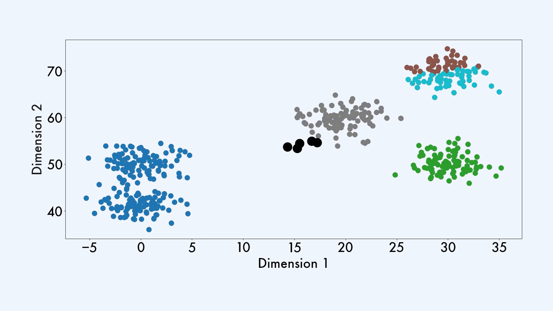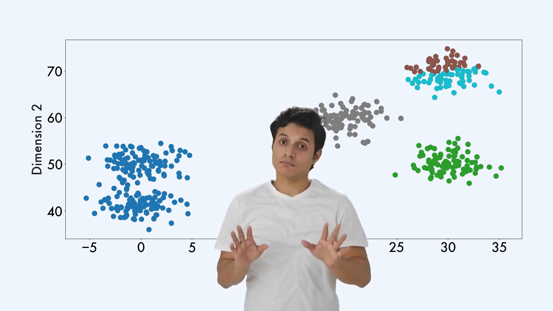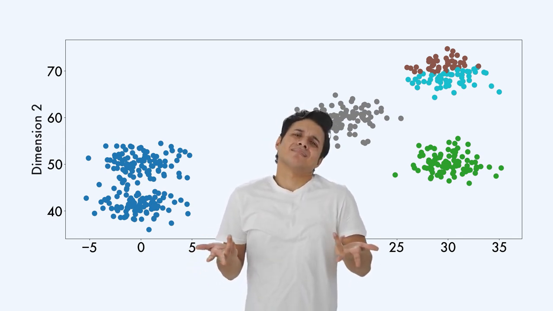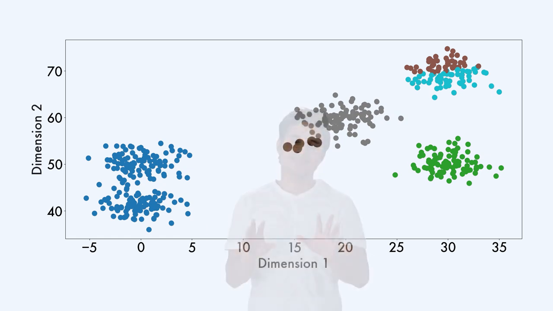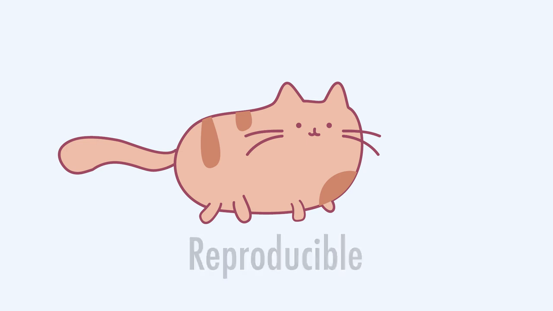This is surprising but also very undesirable. We would like that initialization would not impact so much the final results of the algorithm. This makes the k-means algorithm less reliable and not so reproducible.